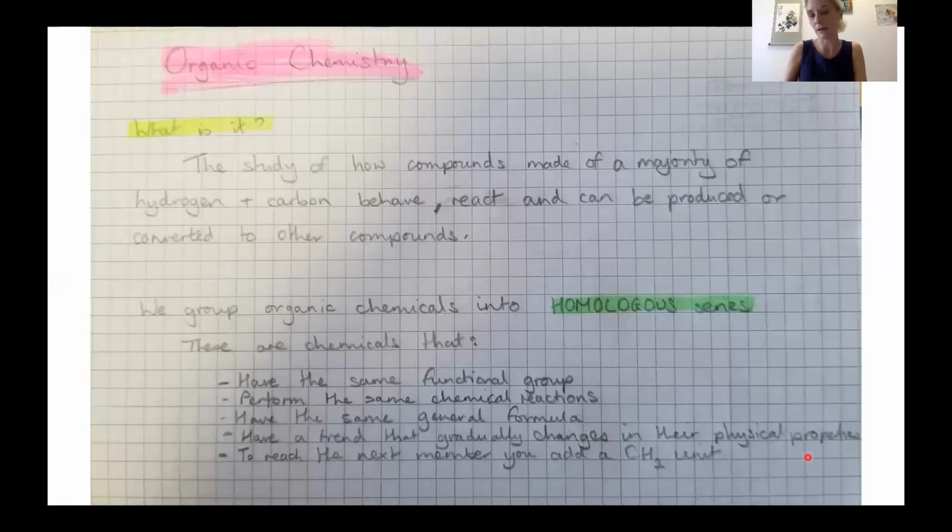The colour may follow a pattern, kind of like the group 7s get darker as you go down the group. An organic chemistry homologous series will have a pattern in how the colour changes. And then the last one to spot is that to reach the next member, you add an extra CH2 to the molecular formula. So they get longer by 1 CH2 unit each time.